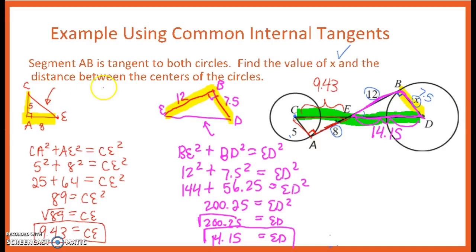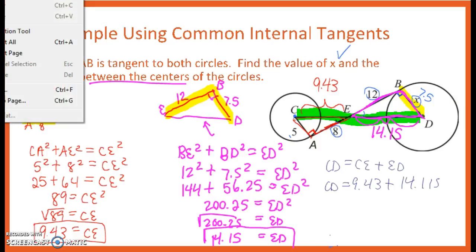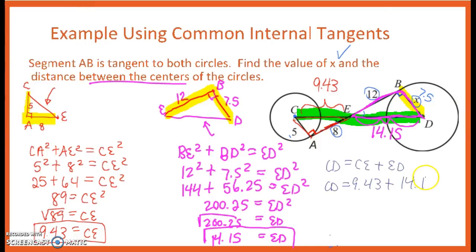So if I want to find the distance between the centers, that's going to be C to D, and that equals the two individual lengths, CE plus ED. So CD is equal to 9.43 plus 14.15. Oops. And so the length from C to D is equal to about 23.58.